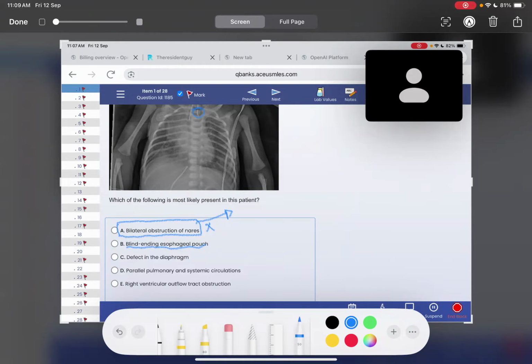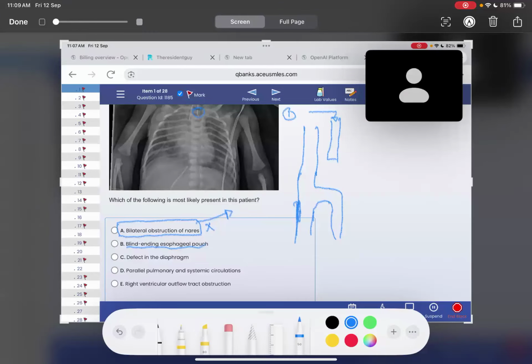The number one type is esophageal atresia with distal fistula. It is the most common type. For example, this is your trachea, this is your esophagus, and here is the distal tracheoesophageal fistula. In this condition, there will be the following clinical features. Number one, no insertion of the tube.